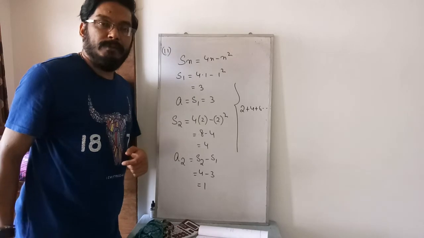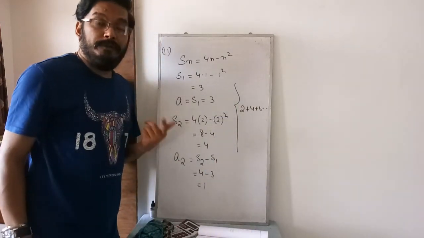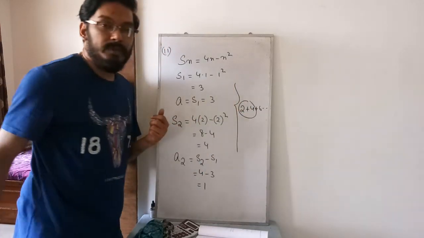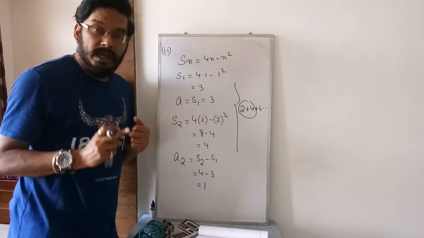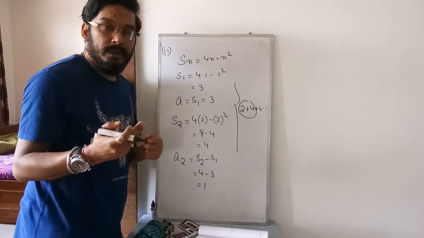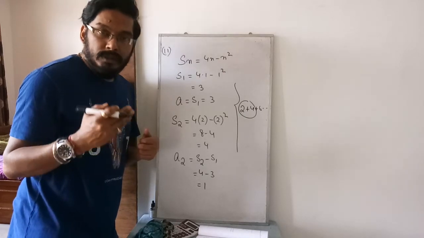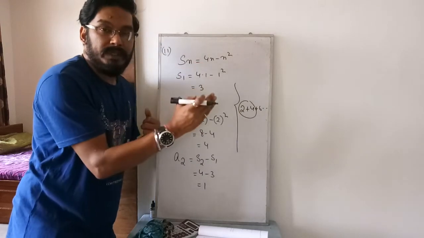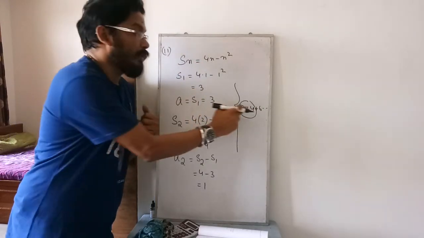The sum of first three terms, 2 plus 4 is 6, 6 plus 6 is 12. Now if I ask, the sum of first two terms was 6, and if I ask what is the second term, what will you do? From 6, you subtract the sum of first one term. 6 minus 2 is 4.